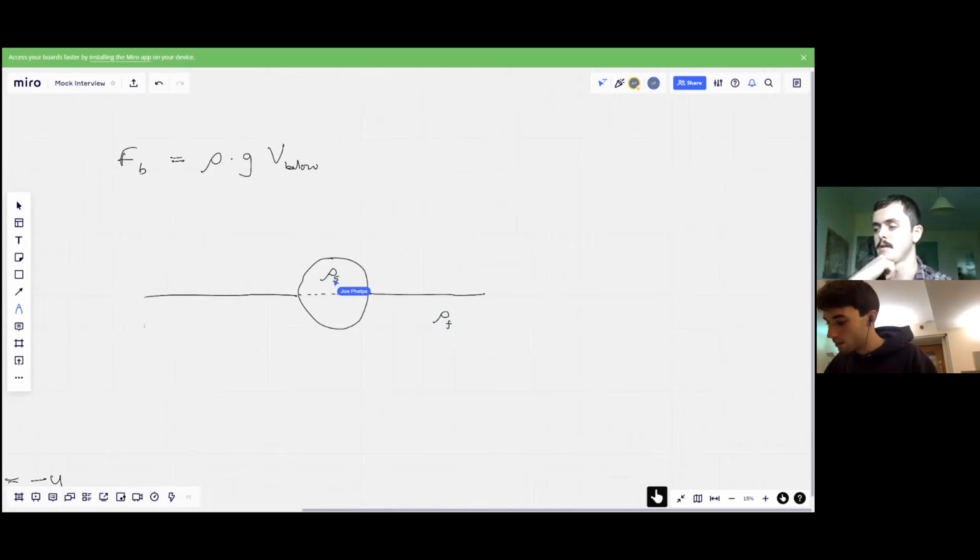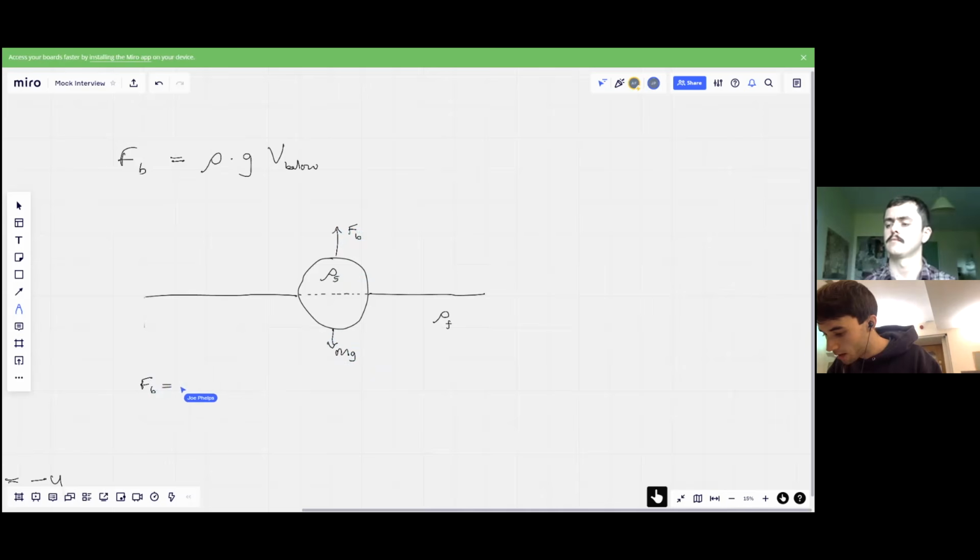Nice. Okay, so I know that for this sphere to stay in its position, the forces on it have to be balanced. So I've got a buoyant force pushing the sphere up, and its weight, mg, pushing the sphere down. So for this to float, I have Fb equals mg.